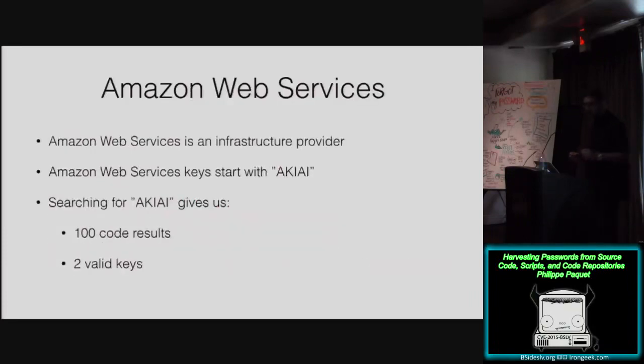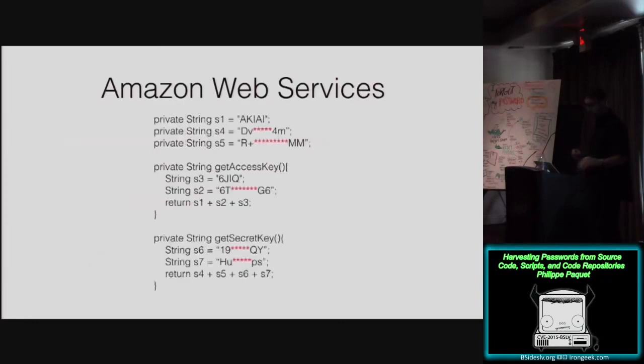Amazon Web Services. Amazon Web Services, as most of you are familiar with, is an infrastructure provider. What they have as particular is that their API key starts with AKIAI. So if you just search AKIAI, you get 100 code results, you get 2 valid keys, and you get something kind of interesting.